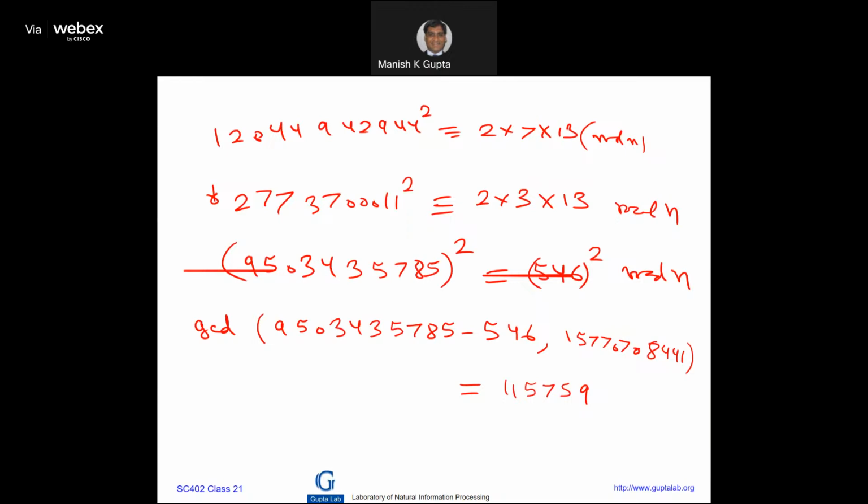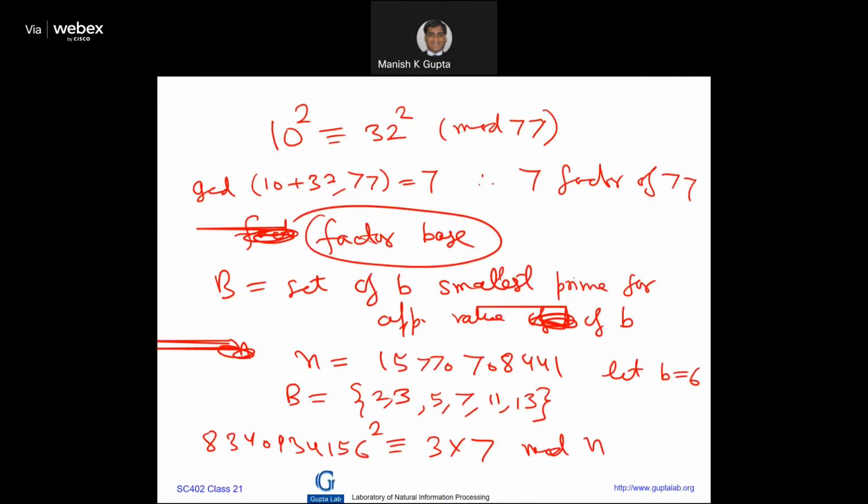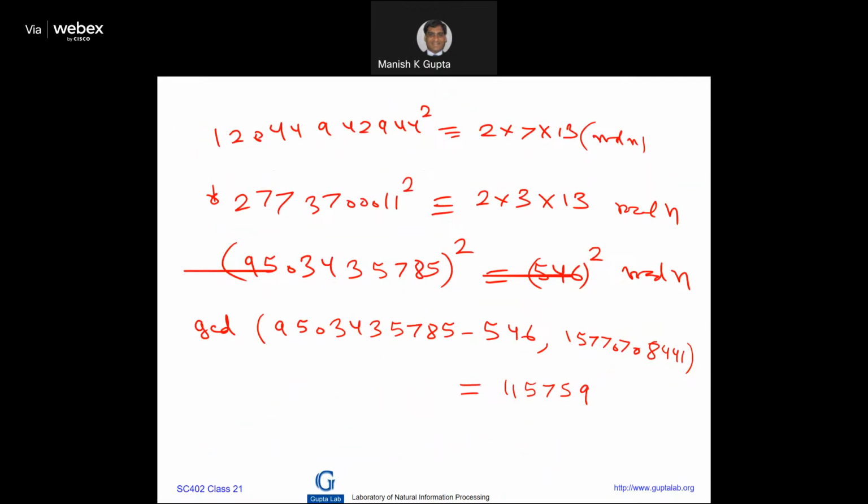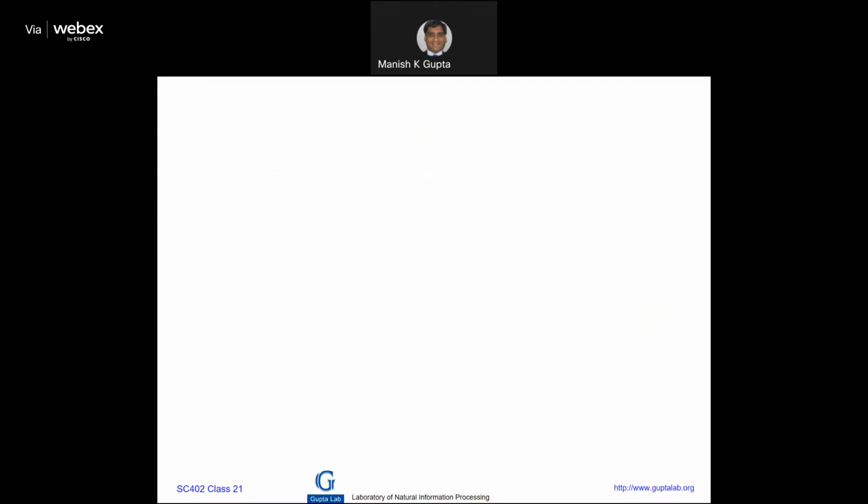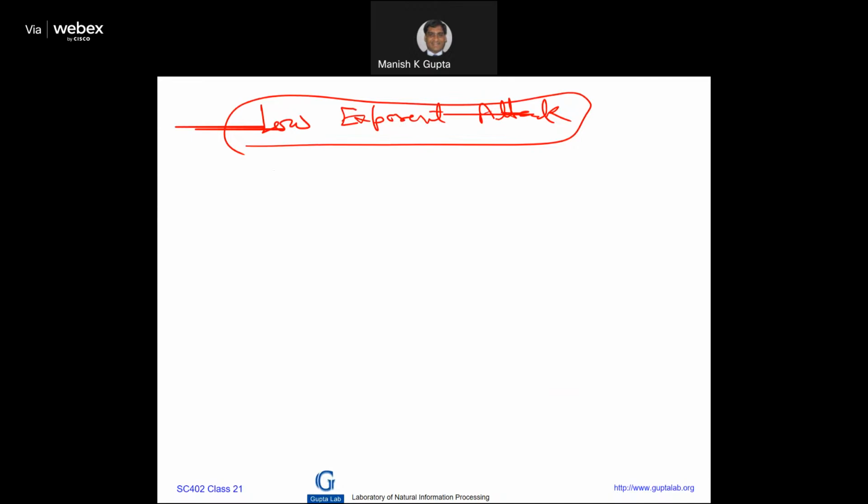Okay, I think the last one I am going to mention is the low exponent attack. I think I can give you an example.